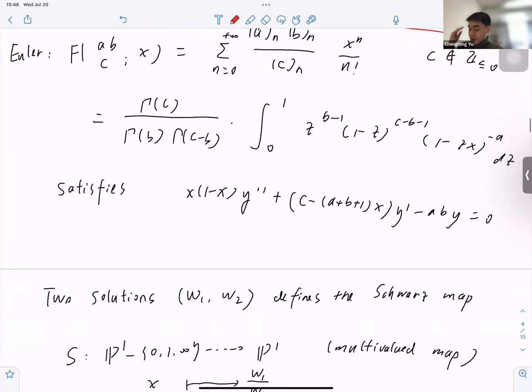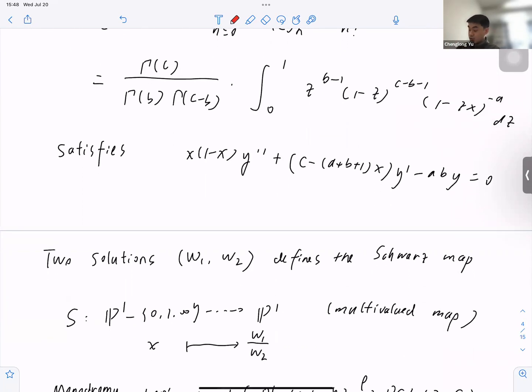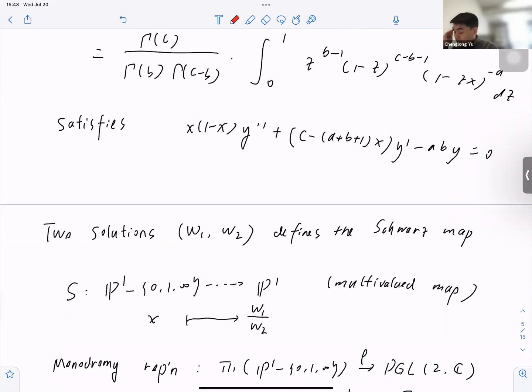But if we just consider the germ of these two solutions, for example, a local expansion of the power series at some point except 0, 1, and infinity, we can talk about two solutions. And we can look at the quotient of these two solutions. This was first studied by Schwarz.